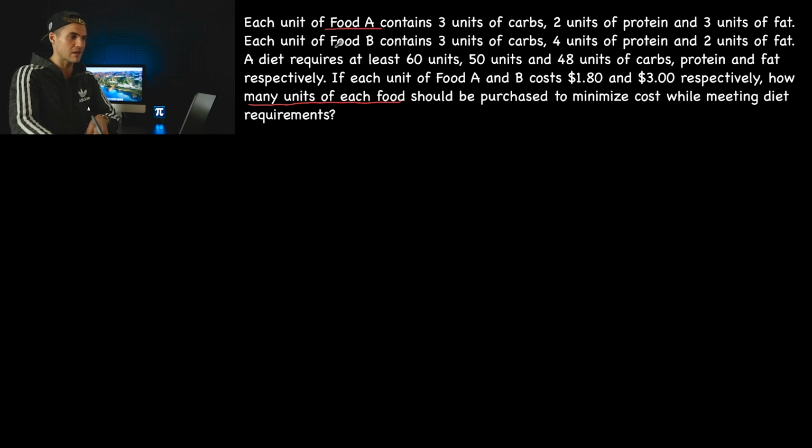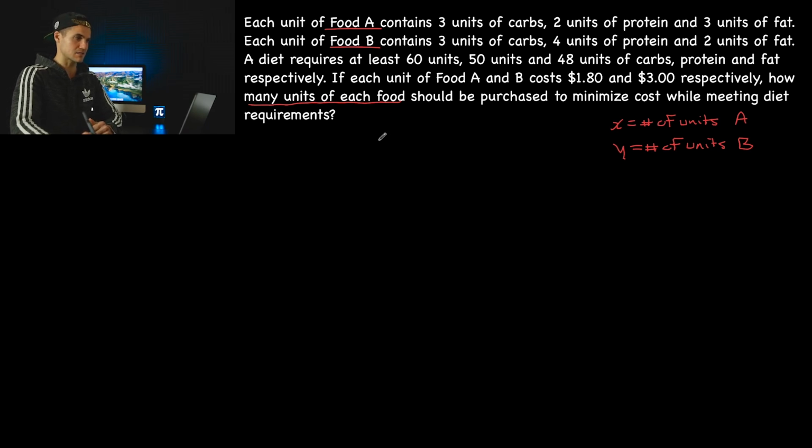Well, there's food A and food B. So I'm going to let x equal the number of units of food A, and y is going to be the number of units of food B, like that, right? So those are going to be our variables. That is what they are asking us for.